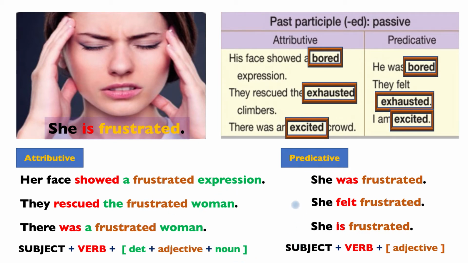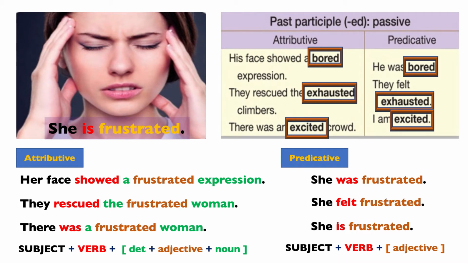And then for the predicative, we have subject, which could be green, because it is a noun phrase, verb, and then adjective. And as we mentioned, you can have more than one adjective. You could say, she was frustrated and scared. She was frustrated, scared, and unhappy.